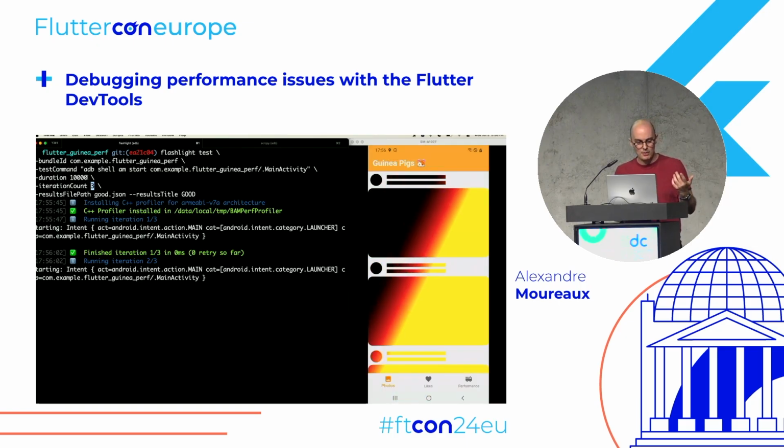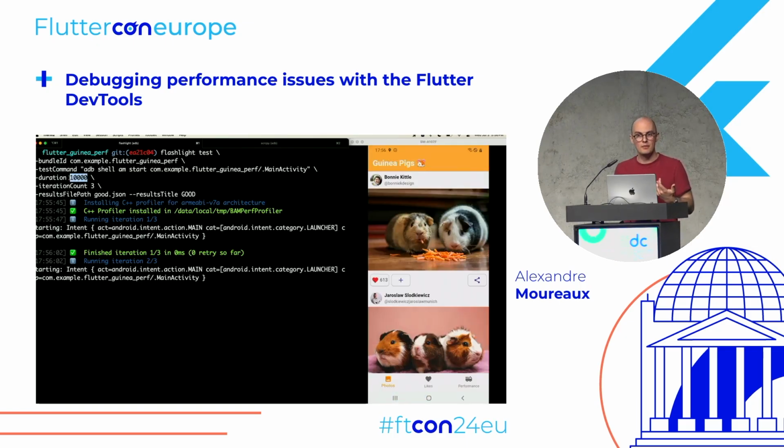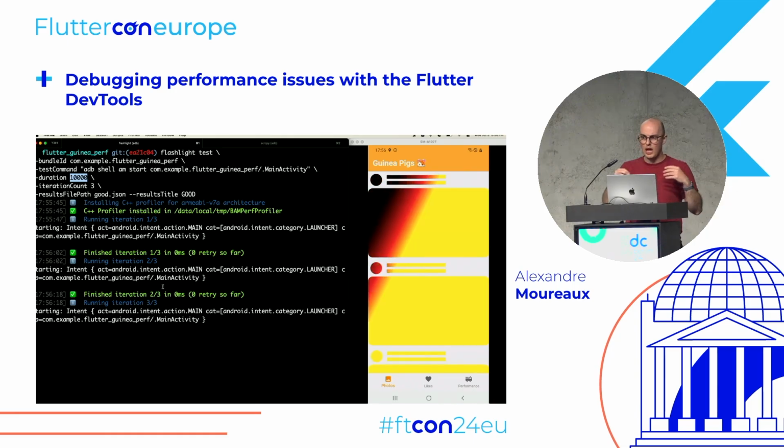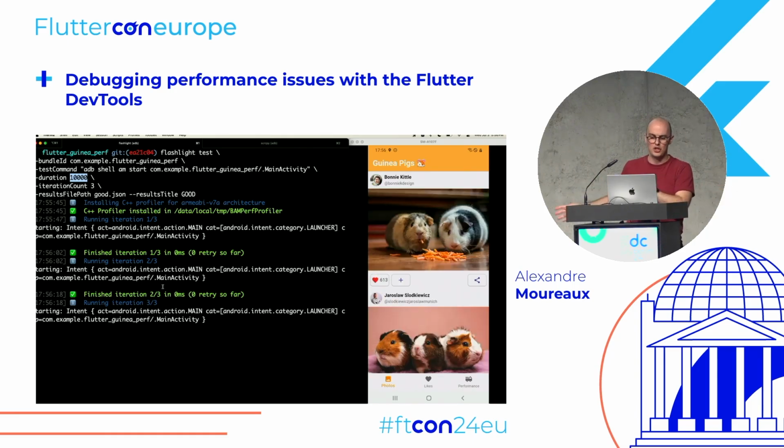And it's going to take measures for 10 seconds. So it does several iterations of your automated reproducible test, and it measures performance while doing so. At the end of it, it's going to output all of those measures in a big JSON file that you can open with the Flashlight report command.